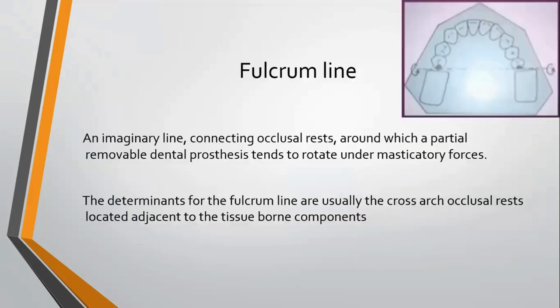The fulcrum line is the line which passes from one fulcrum point to the other. The fulcrum point, we know, is on the rest seat which is prepared on the distal-most tooth. So if you connect the distal-most tooth rest areas, that line forms the fulcrum line.